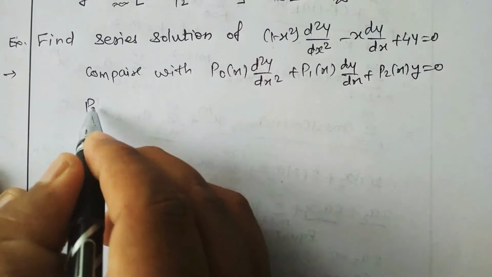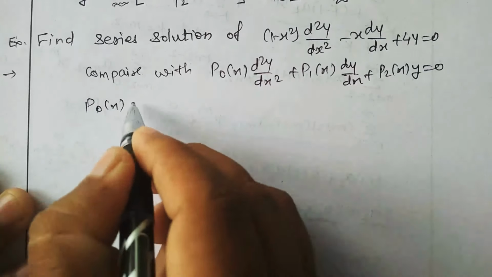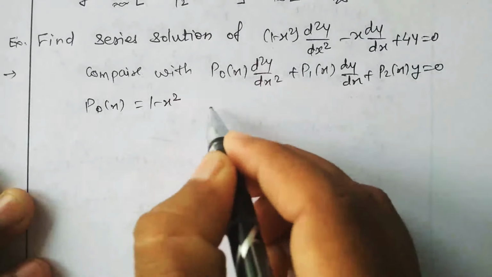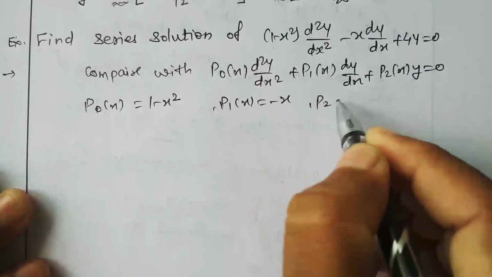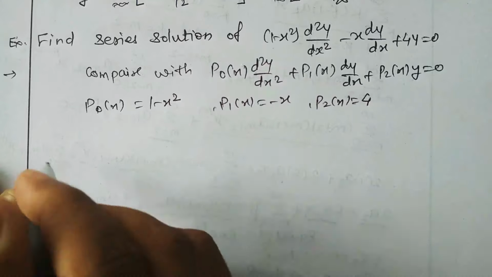We will get the value of p0 of x is 1 minus x square, value of p1 of x is minus x, and value of p2 of x is 4.